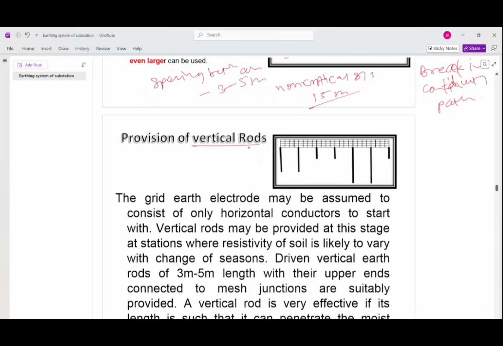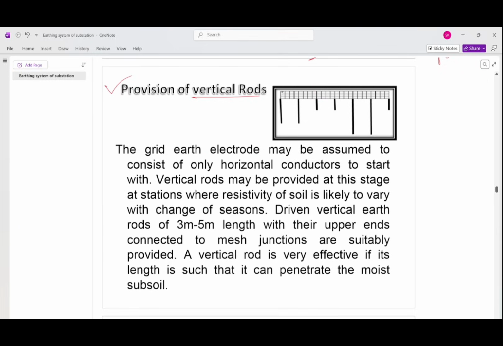So, provision of vertical rods. Now, this is the grid, and these are the vertical rods, and this is horizontal. The grid earth electrode may be assumed to consist of only horizontal conductors to start with.